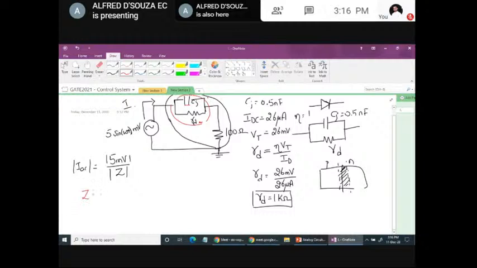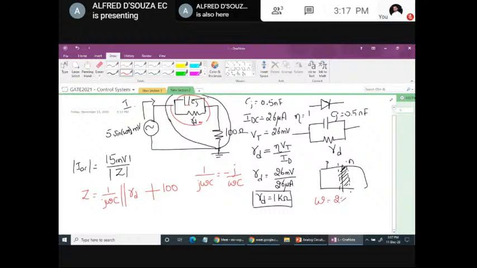So I can calculate the impedance as 1 by j omega C. This is the impedance of the capacitor in parallel with Rd. This entire thing is in series with a 100 ohm resistor. So we can write 1 by j omega C as minus j by omega C. Omega is given in the question.